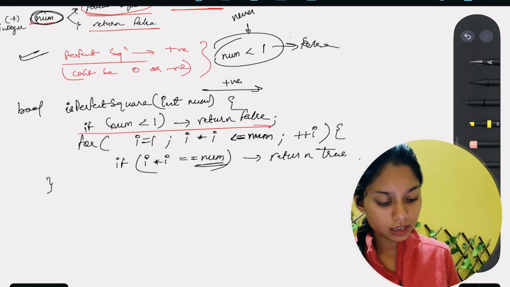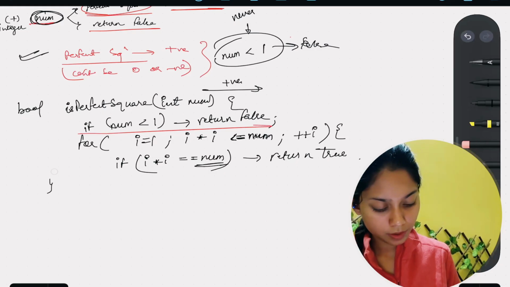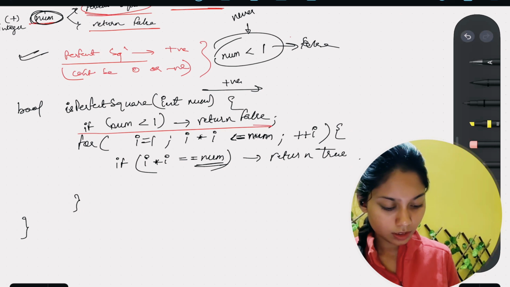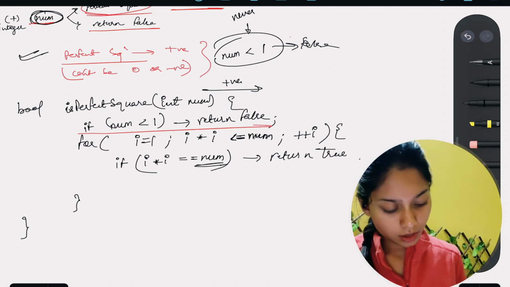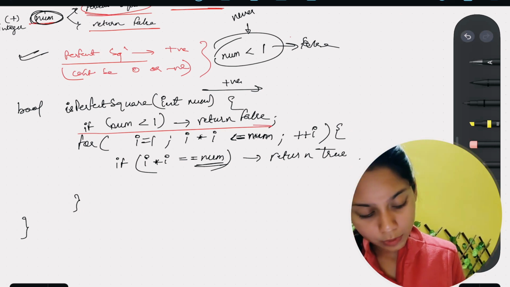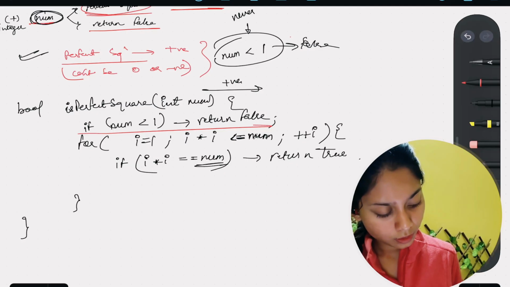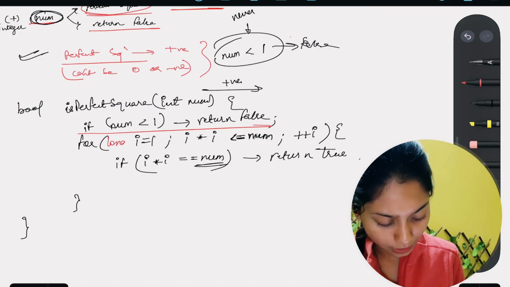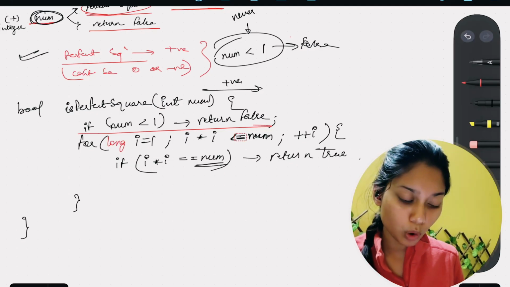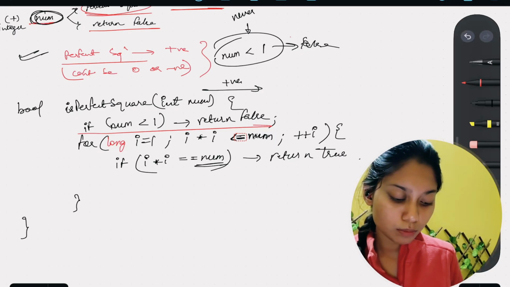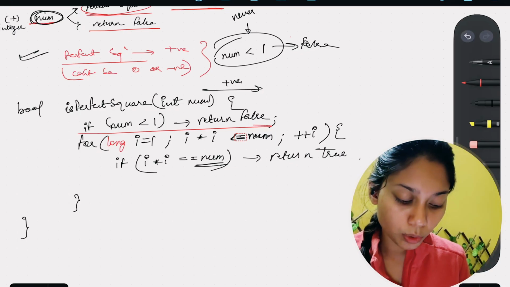So this will come under our for loop. And also, i will be of long type because we don't want our function to overflow.